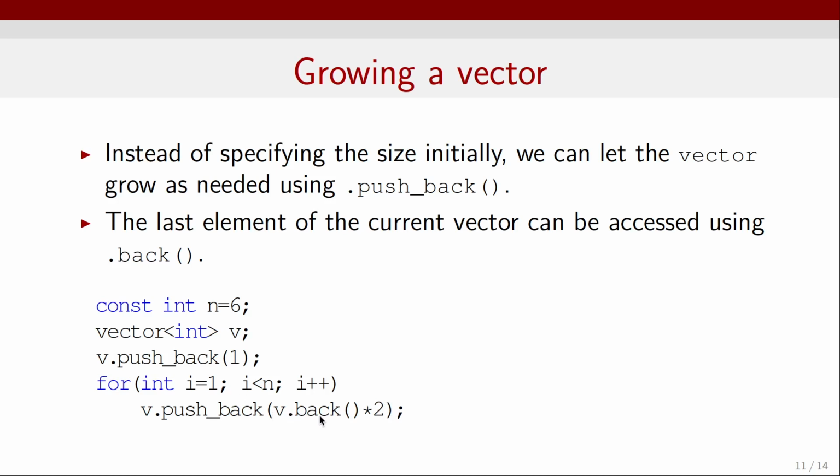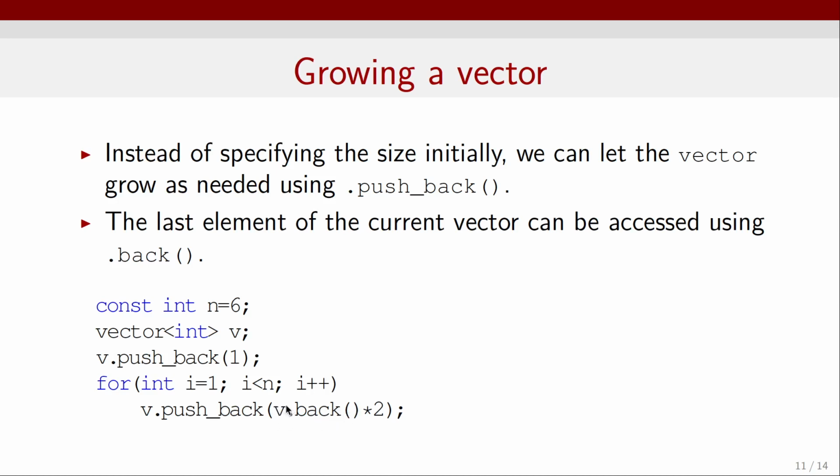Now I want to add twice the previous element. As mentioned here, the last element of the current vector can be accessed using .back. So if I say v.back and then parentheses, this will apply the back function onto v.